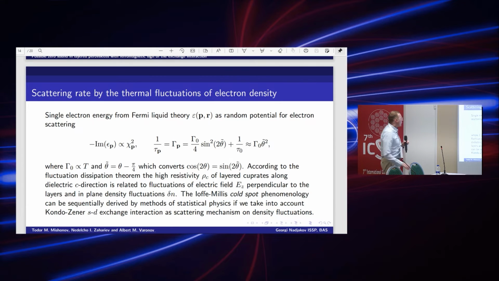And from Yoffe-Millis, who stated that the imaginary part of the energy is proportional to the scattering rate, which is 1 over the lifetime of the carriers. And approximating this is the dependence of the angle squared.